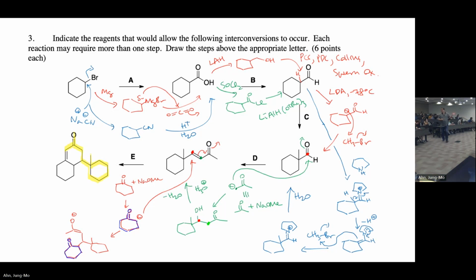But this is not the end of the reaction. This is a Robinson annulation reaction. What happened was this proton here is transferred. Basically, you change the enolate at this position to the other side. So this proton switches position over there.